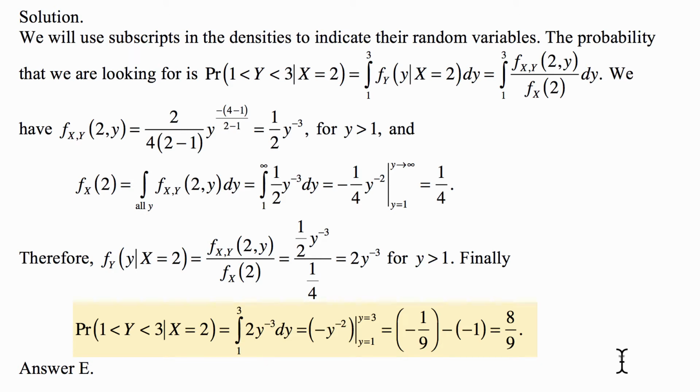And that's minus y to the negative 2 evaluated from 1 to 3. So it's negative 1/9 minus negative 1, and that is 8/9, which is answer E.